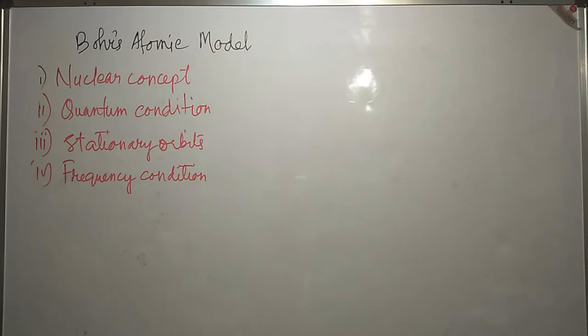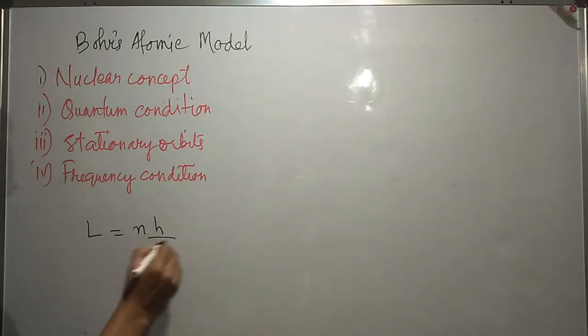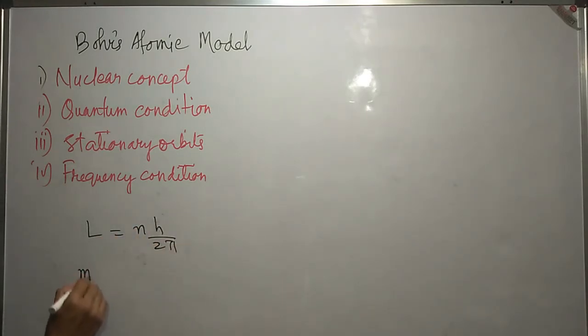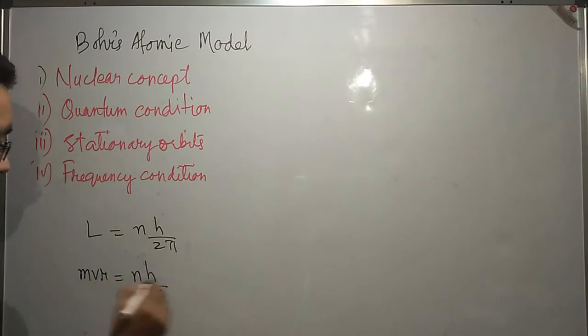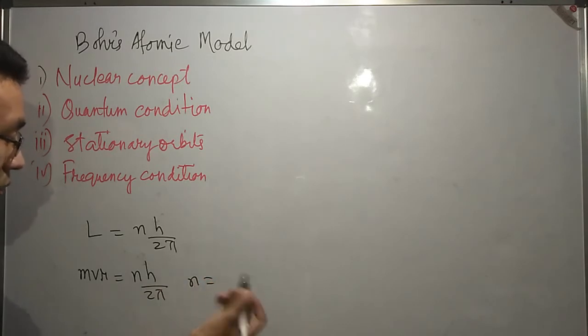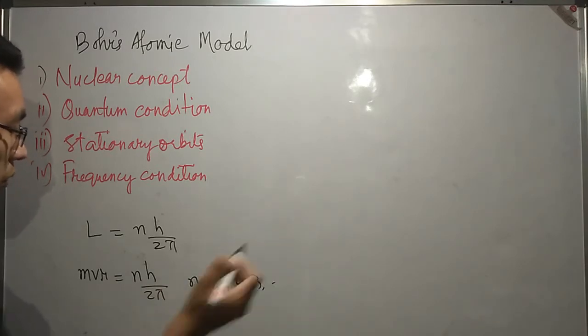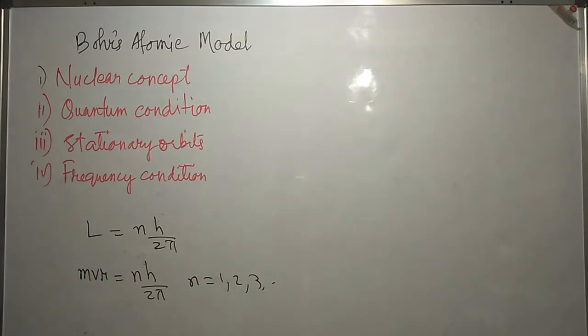Electrons will revolve only in those energy levels or orbits where the angular momentum of the electron is an integral multiple of h by 2 pi, which means L equals nh by 2 pi, or mvr equals nh by 2 pi. This n can be any integral whole number: 1, 2, 3 and so on.